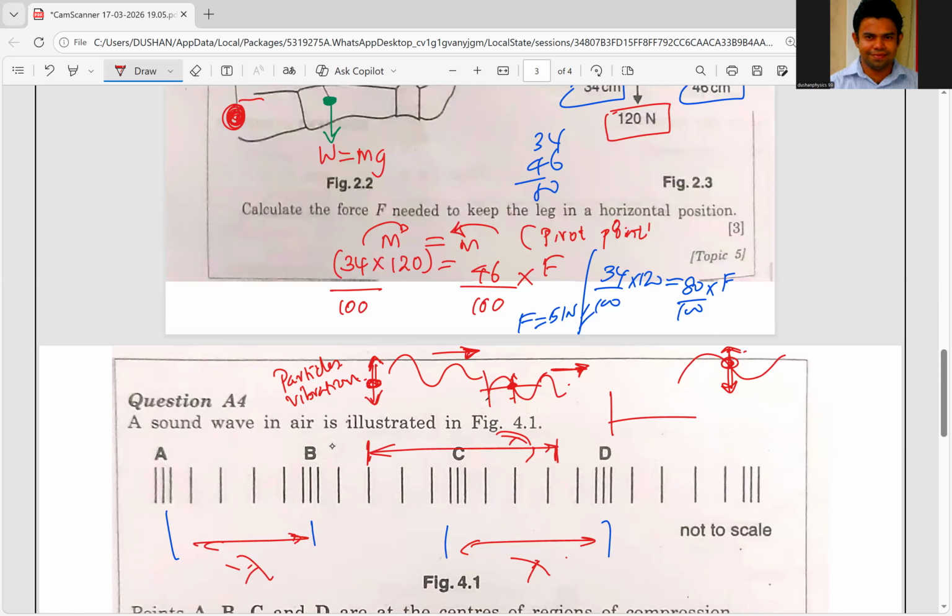Similarly, tell me, what is the longitudinal wave definition, Sanket? It moves to the direction of energy transfer.